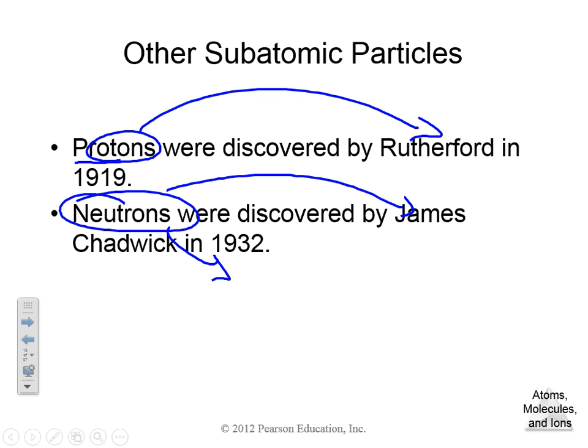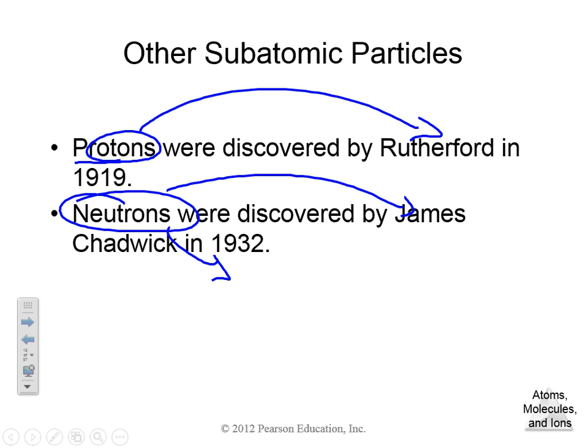We have Dalton with the atomic theory, and his points, four points really in the atomic theory. We have J.J. Thomson with the discovery of the electron. We have Millikan discovering the negativity of the electron, the charge of the electron. We have Rutherford figuring out three types of radiation and that the nucleus is incredibly small and incredibly dense.